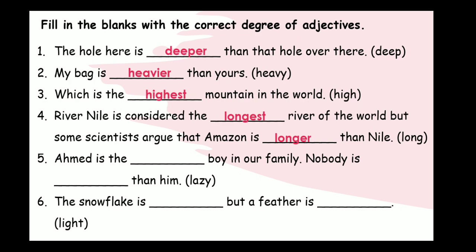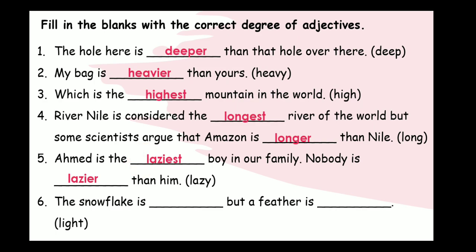Ahmed is the dash boy in our family. Nobody is dash than him. And the adjective is lazy. Ahmed is the laziest boy in our family. Nobody is lazier than him. Here we have the hint, the laziest, and here we have the hint, than.